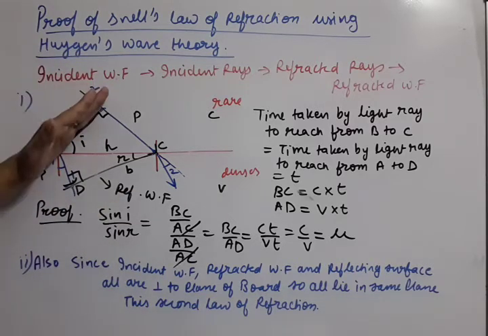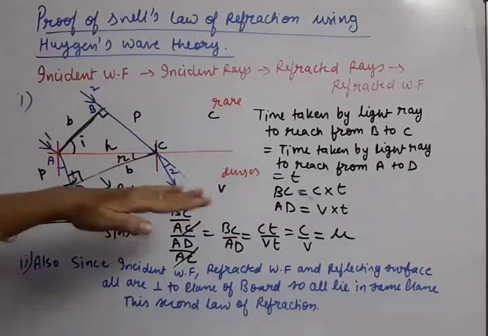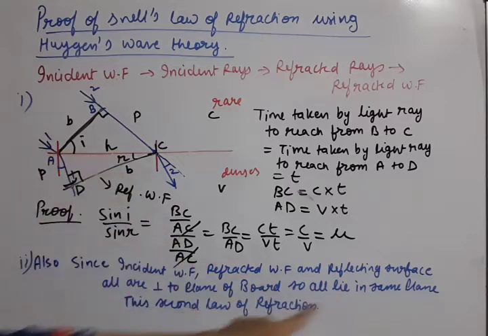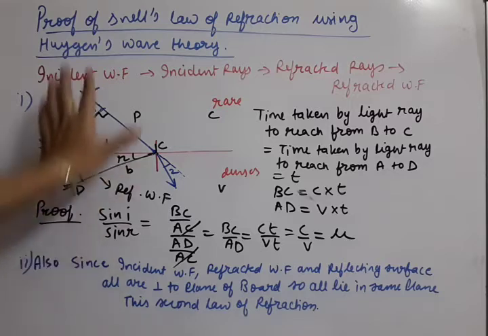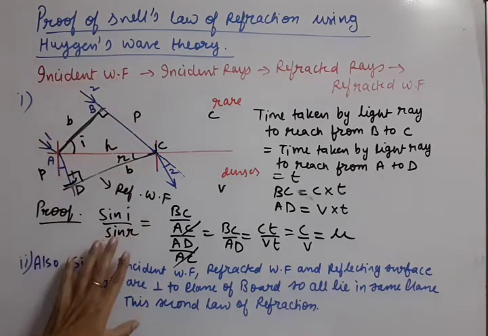The incident wavefront, refracted wavefront and reflecting surface are all perpendicular to the plane of the board. That means all lie in the same plane. This is the second law of refraction's statement. If we write this statement, then our proof of the laws of refraction is completed.